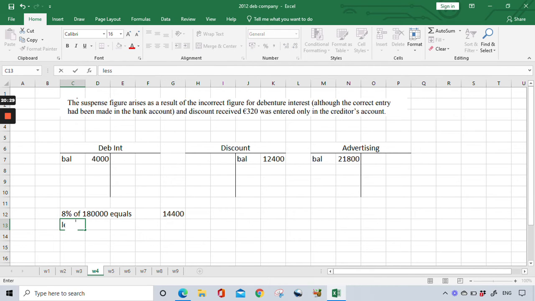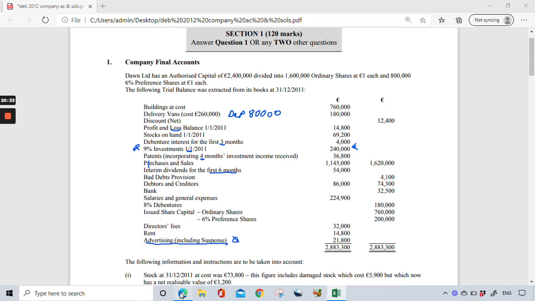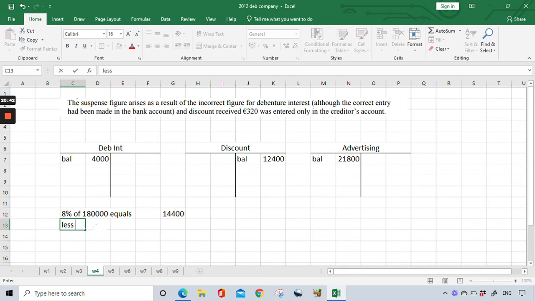Less, we are told 4 months, I think it was, wasn't it? If we go back to the trial balance, debenture interest for the first 3 months. 3 months has been paid. So less 3 months paid. So basically that divided by 4. 3,600 works out as 3 months.